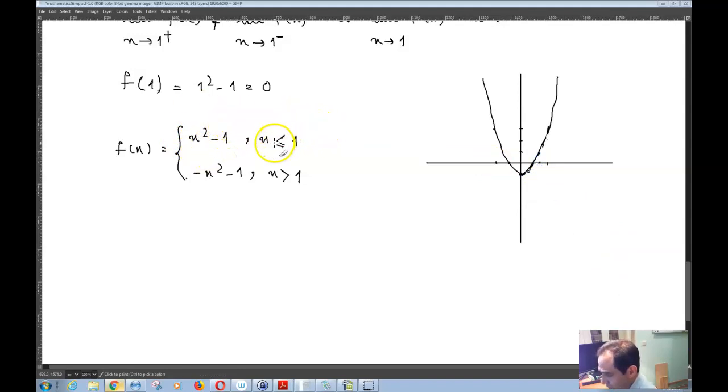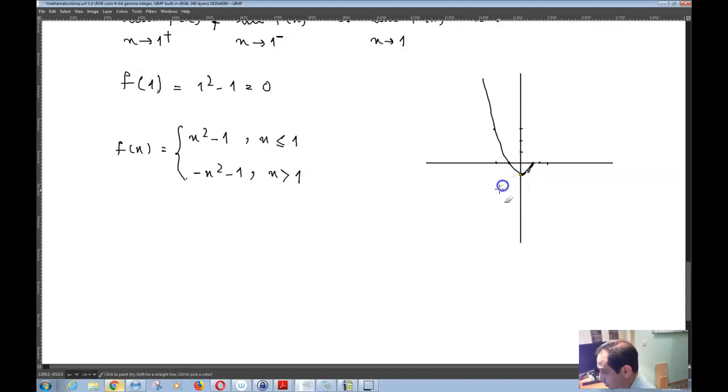But this is only for x's less than or equal to 1. Meaning that for x greater than 1, this clause is not relevant anymore. So I can simply erase this part. And then for this part over here, you can see that the function is negative x squared minus 1.